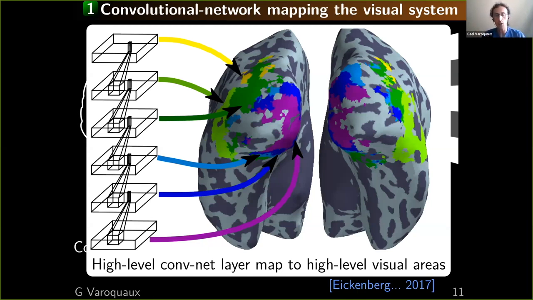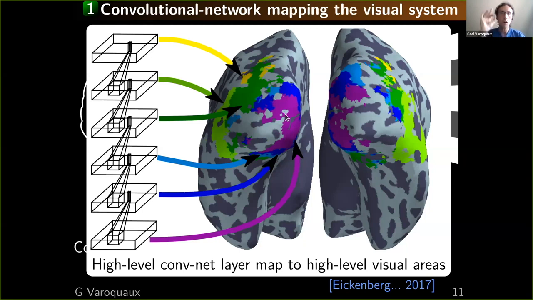If we do this, we can look at which areas of the brain are best described by a model that is built from the low-level features, so Gabor filters, or the mid-level features, or the high-level features. Each time we're looking at which part of the brain is best explained by an encoding model. What we're seeing is that the low-level features are best explained by the primary visual cortex.